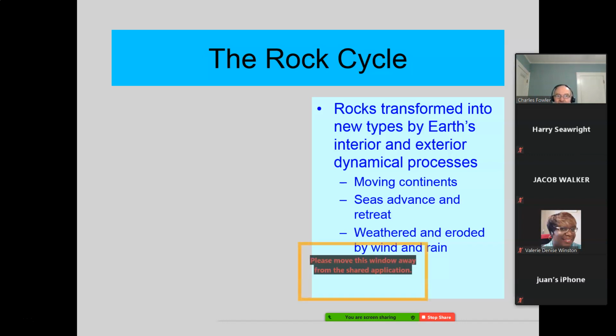Now, the rock cycle may take hundreds, thousands, or millions, maybe even billions of years to change, to transform, but they're constantly happening. Okay? Rocks are transformed into new types by the Earth's interior and exterior dynamical processes, meaning moving.